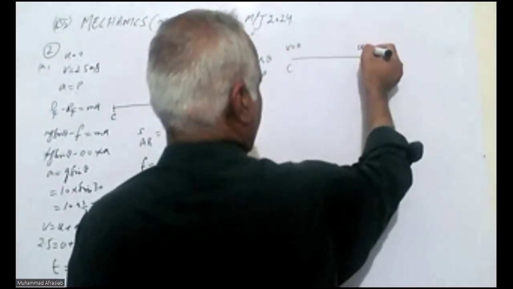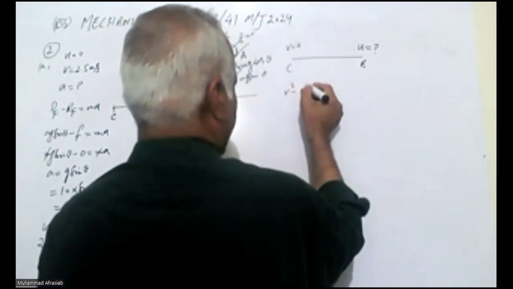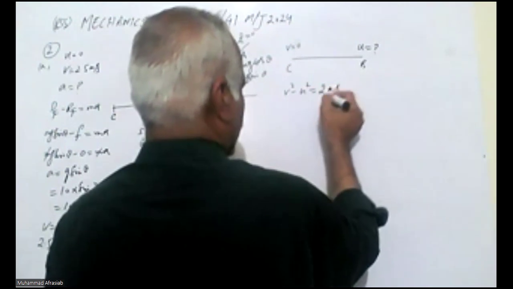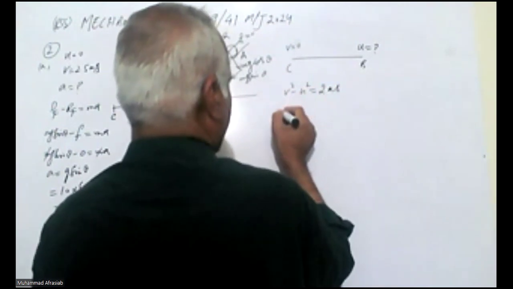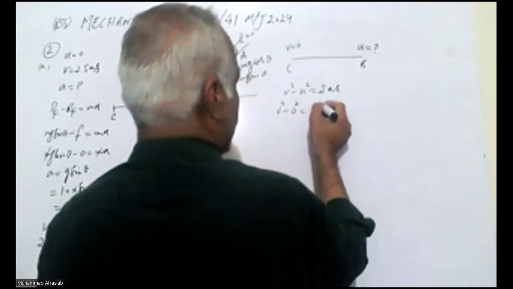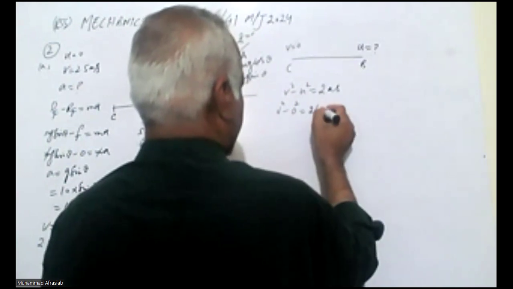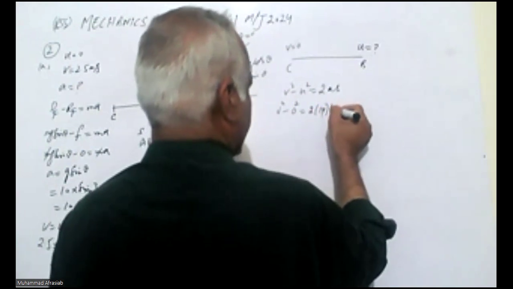We know that v squared minus u squared is equal to 2as. v we don't know, u is 0, is equal to 2 into acceleration, which is 10, into distance, which is 3.